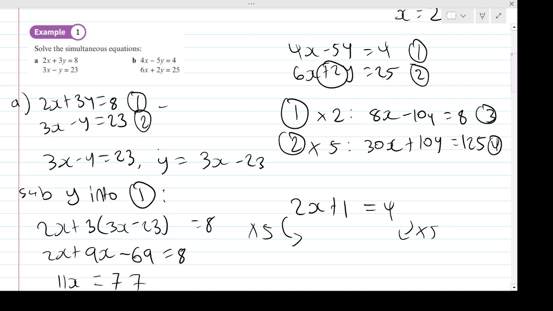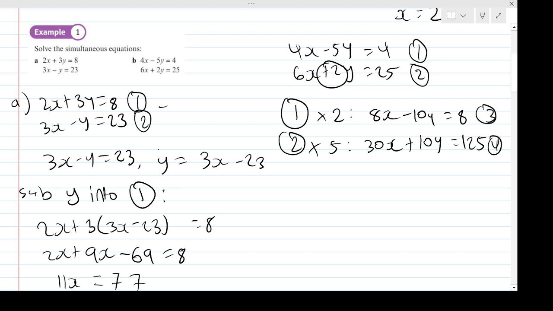Remember, think back to GCSE. 10x add 5 is 20. These two are exactly equivalent equations. I've not done anything there to alter anything. I've just scaled it. Like with fractions, right? 4 over 6 is the exact same as 2/3. I just scaled it.